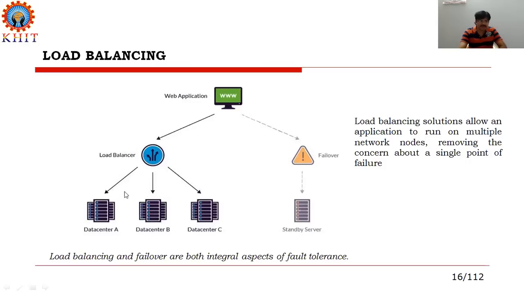Why? Because if a failure occurs at data center A, the traffic on data center A can be diverted to data center B. When data center B also fails, the total traffic will be diverted to another data center C. If data center C also fails, that means all three servers have failed, and the load balancing technique will divert the traffic to other data centers with the help of scalability.